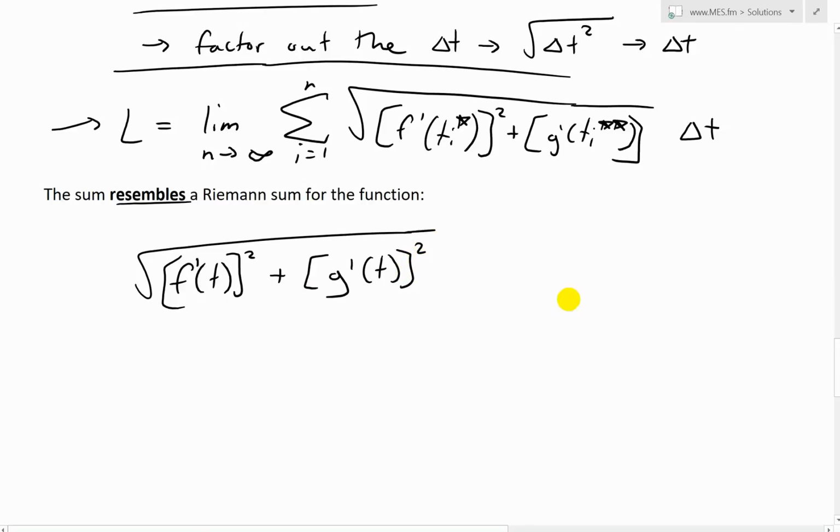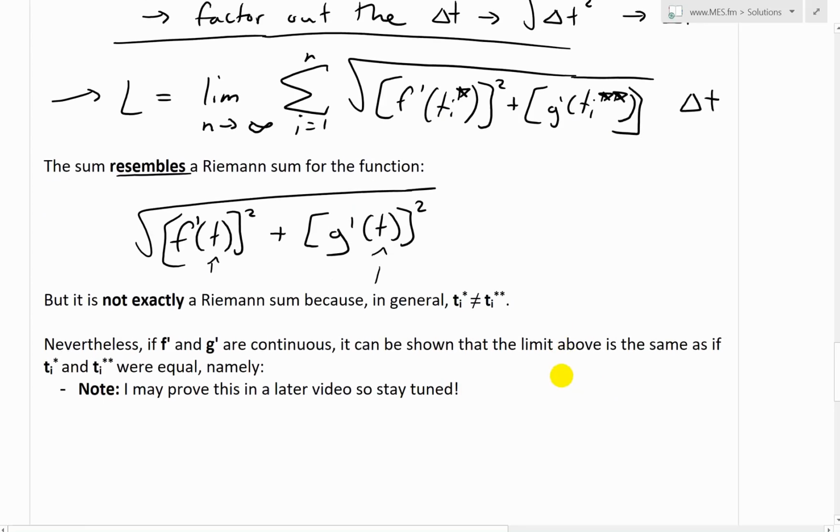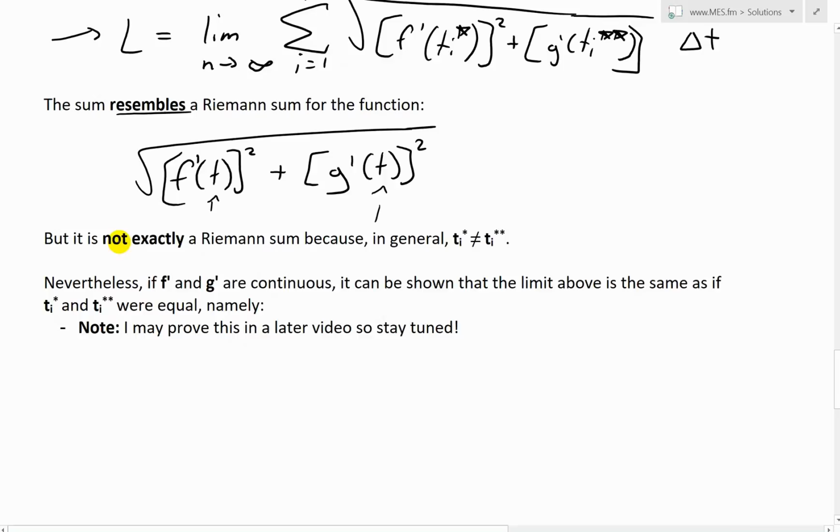The only difference is t_i star and t_i double star don't necessarily equal each other. If we assume they're the same, then we can write it as an integral. But this is not exactly a Riemann sum, because in general t_i star does not necessarily equal t_i double star. This is very important to note.